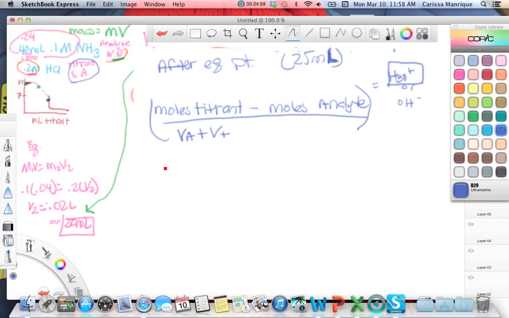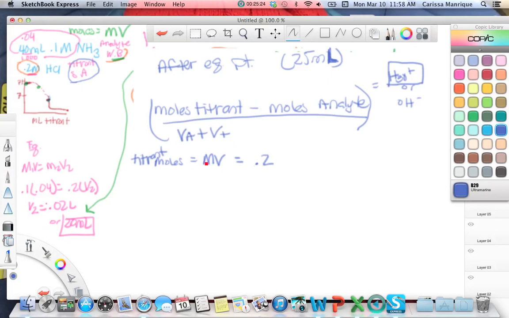So let's put this in. How many moles of titrant do we have now? Remember, moles equals molarity times volume. So for our titrant, what is the molarity? We have it over here as 0.2.